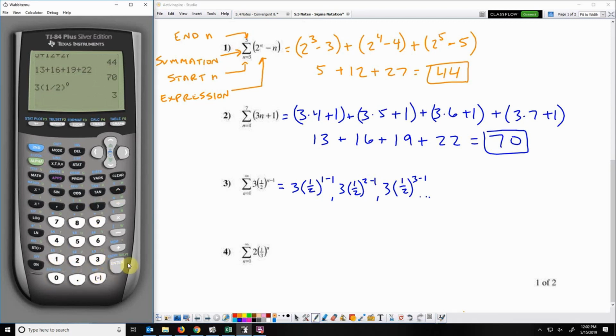So that's 3. Anything to the 0 power is 1, times 3 is 3. 3 times 1/2 to the 2 minus 1. So 3 times 1/2 to the first power is 1.5. So that's 3 halves.